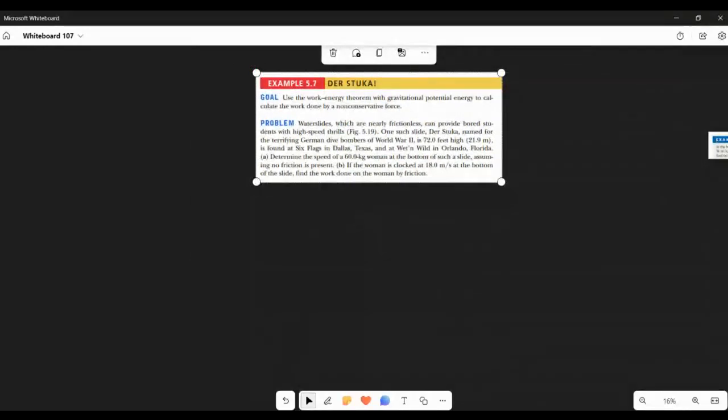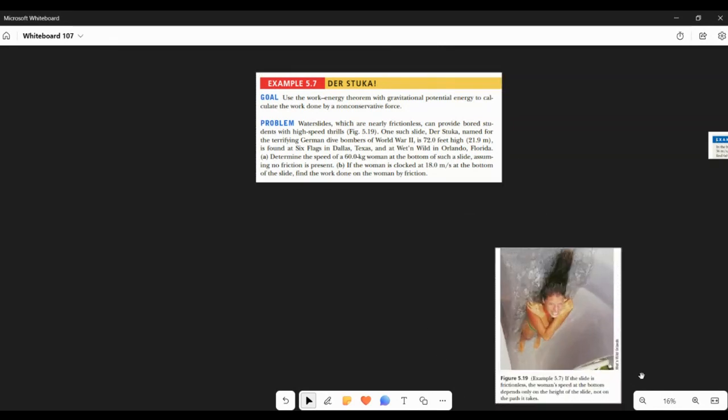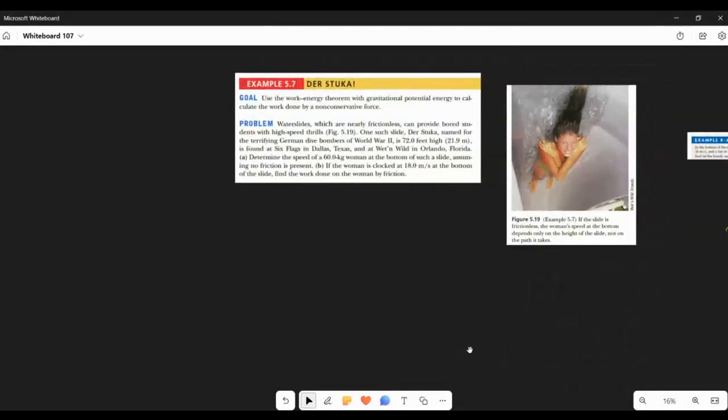There's a picture here, so let me just put the picture. Not sure why they didn't make a normal sketch. Oh, there we go. It's this one. What's happening here is that we are using the work energy theorem with the gravitational potential energy to calculate the work done by the non-conservative force, which is essentially the friction.